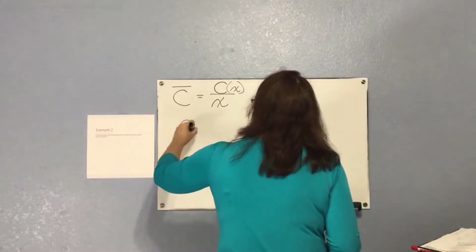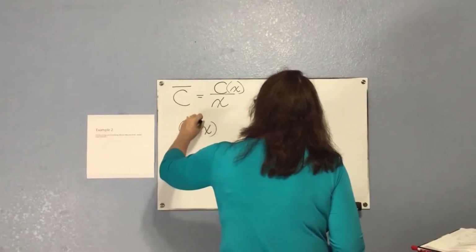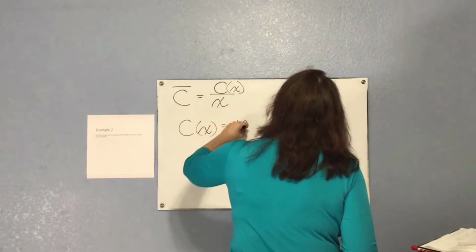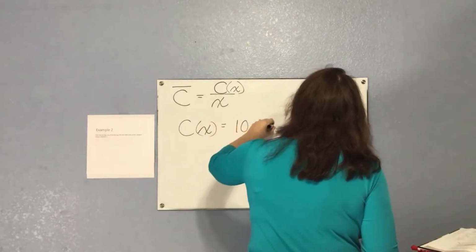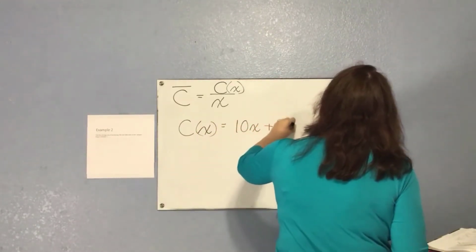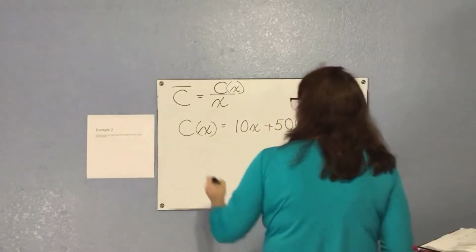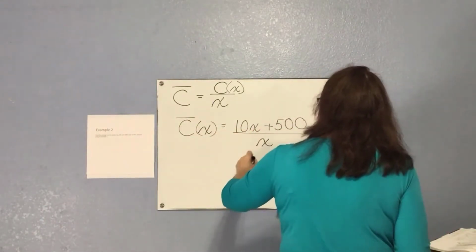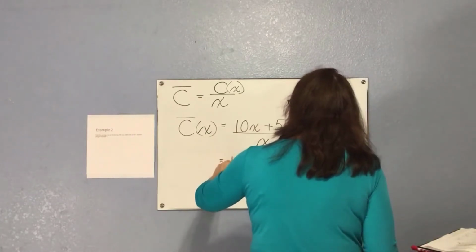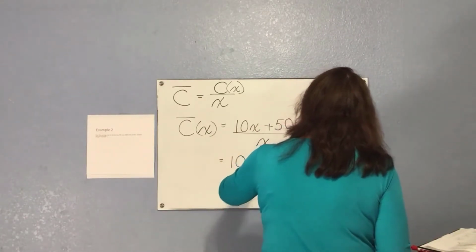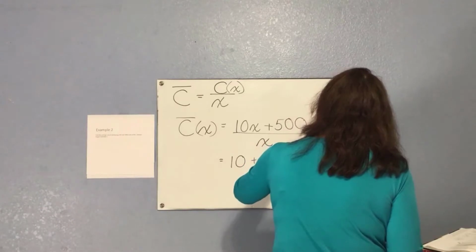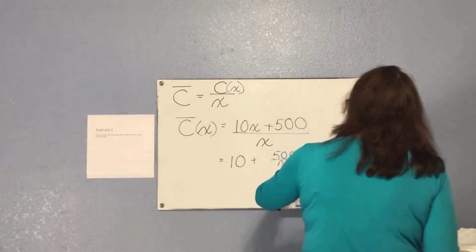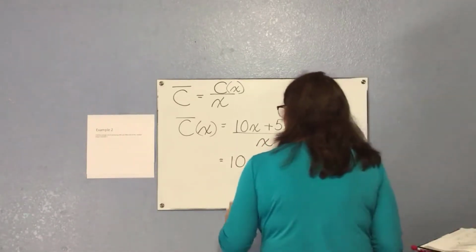From our last example, C of x was 10x plus 500. To get C bar of x, I just divide by x. This gives me 10 plus 500 over x. That's my C bar rule.